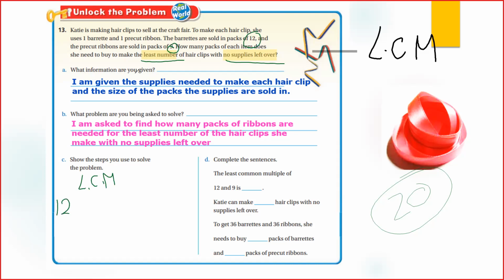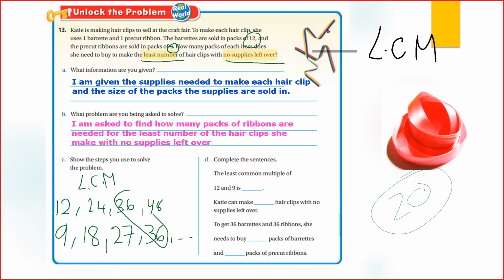The multiples of 12 are 12, 24, 36, 48, and the multiples of 9 are 9, 18, 27, 36, and so on. So what is the least common multiple? 36.